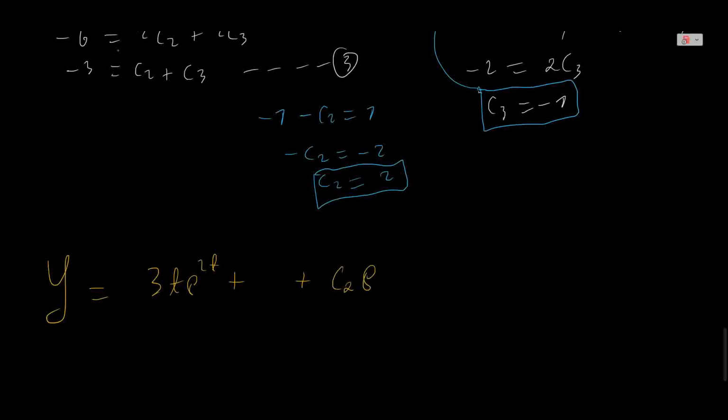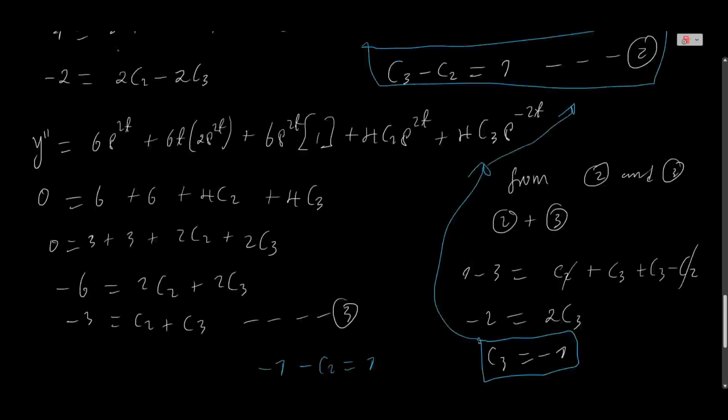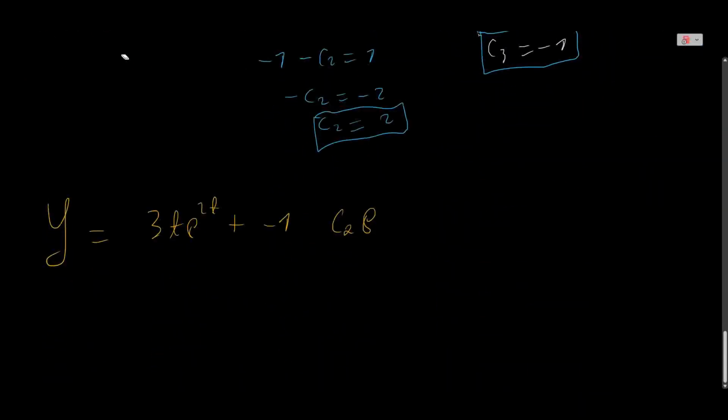What's our c1? We saw our c1 is negative 1, and our c2 is 2, so plus 2 e raised to the power 2t, minus, since our c3 is negative 1, e raised to the power minus 2t. So that's the final solution.